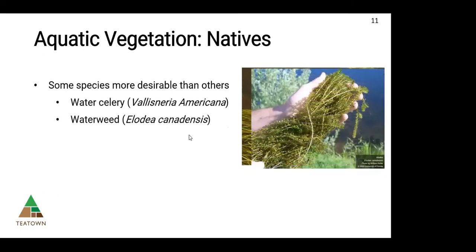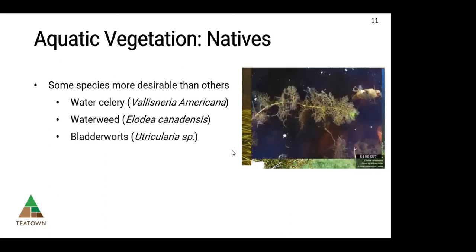And then it's also a great food resource. Waterweed, I have Elodea canadensis. There's also Elodea nuttallii. Those are two waterweed species that can be found here. This can get to nuisance levels in some people's opinion, but again, this is a great native plant, great food, and great habitat. I mentioned the bladderworts. Bladderworts are really incredible plants.